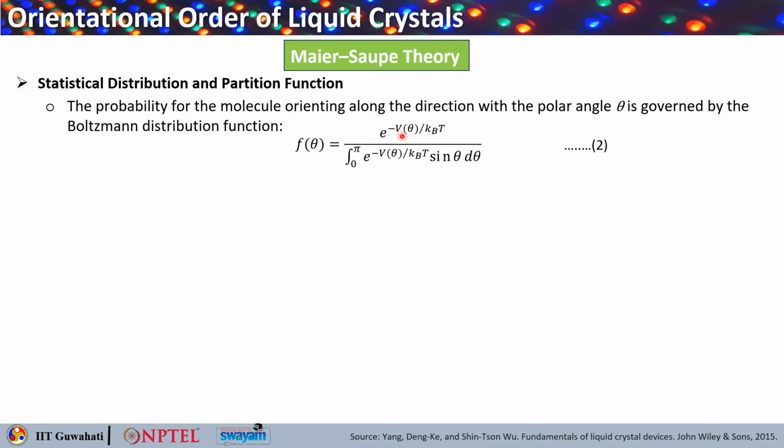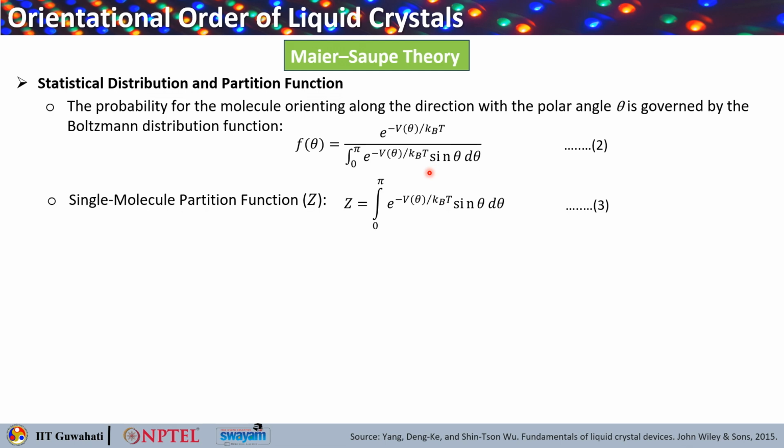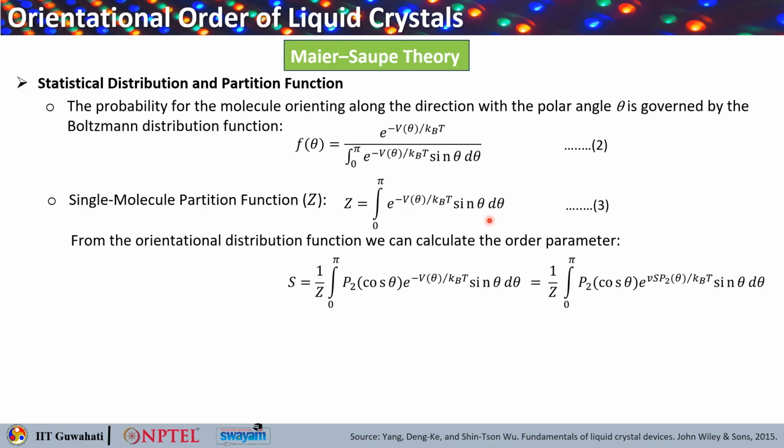You can write f of theta is e to the power minus V theta by kBT divided by the integration from 0 to pi of e to the power minus V theta by kBT into sin theta d theta. That also allows you to calculate the single molecule partition function capital Z, the one in the denominator.